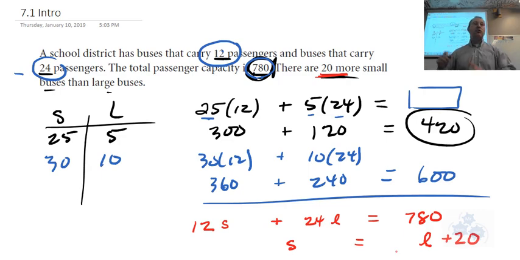This one's a bit tricky. The first one's easy, the second one's a bit tricky. But that's really what we're considering. So look at the large number of buses plus 20 has to equal the small buses. That's set up as an equation there.